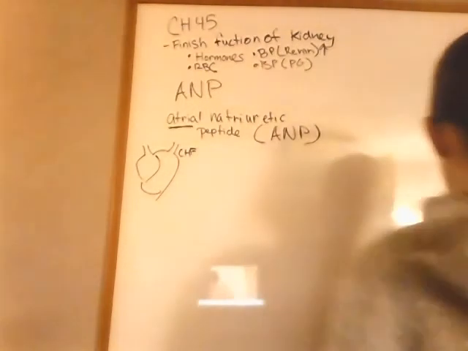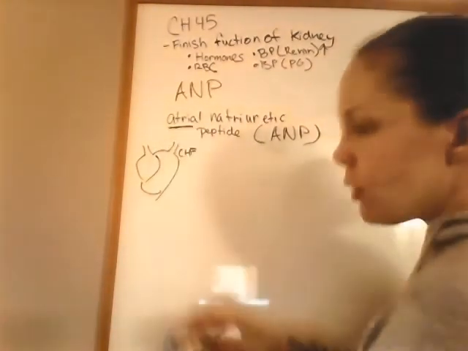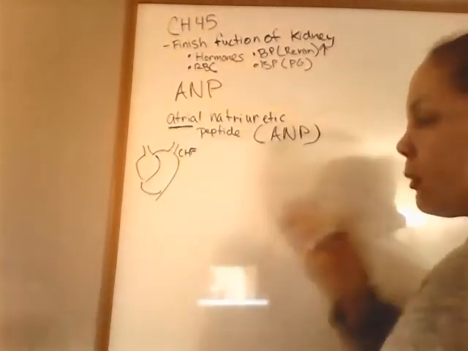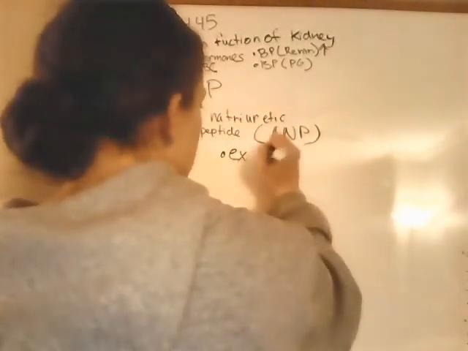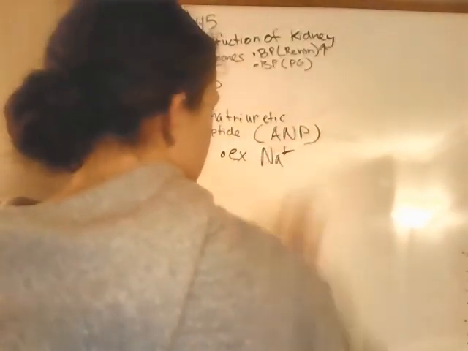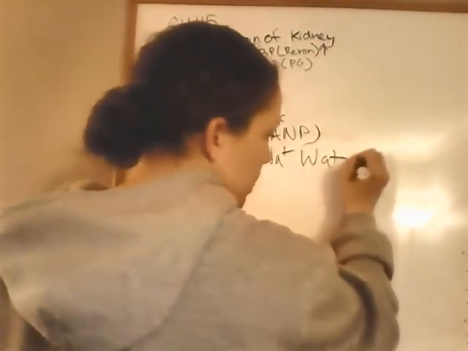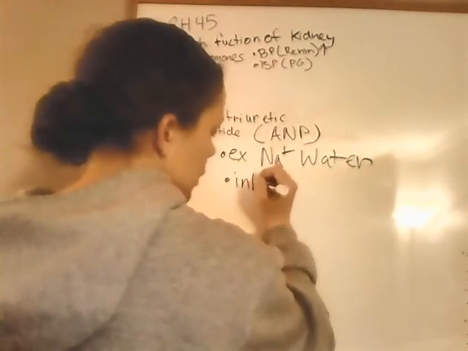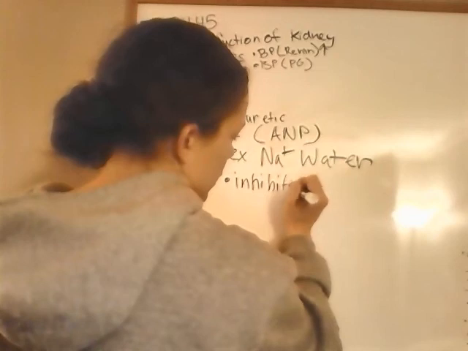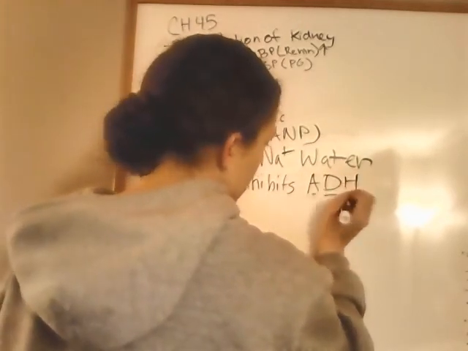But basically, it's going to sense when there's a distension of the heart, and again, distension, we're blowing something out big because there's so much fluid in it, and it is going to cause the excretion naturally of sodium. All right, so we're going to get rid of sodium. Of course, that means we're going to get rid of water. All right, and it inhibits ADH, which I just told you, antidiuretic hormone.